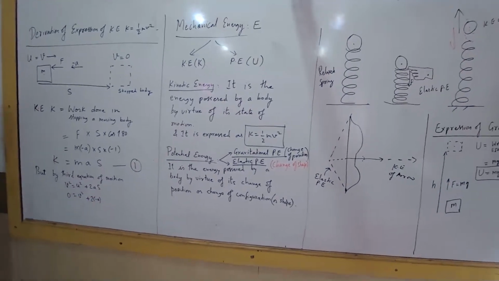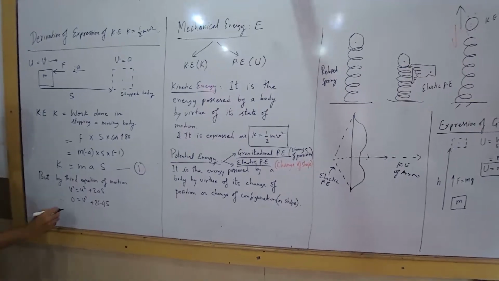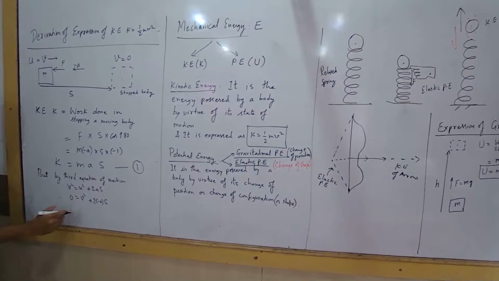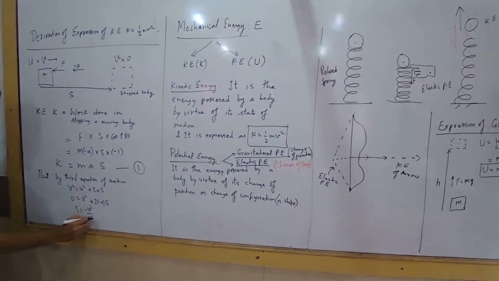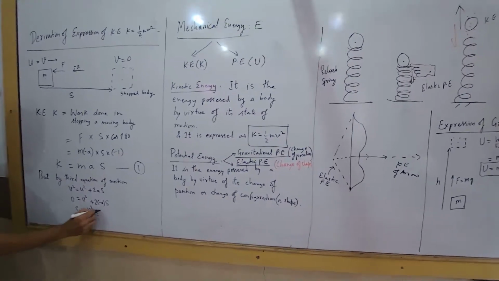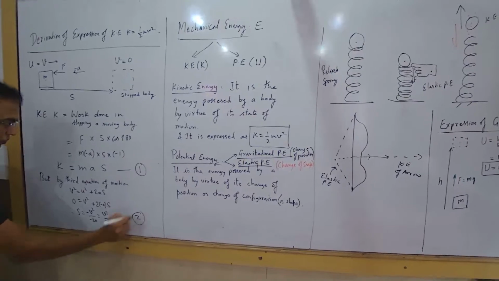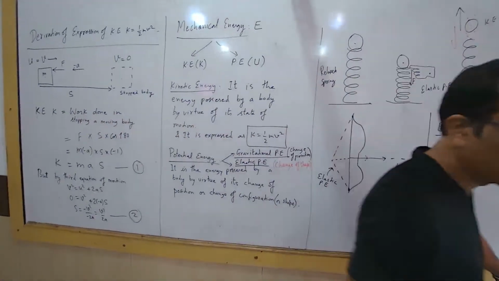Minus A. Then S. So what do we get? Simplify, rearrange. 0 is V square minus 2AS, so it will be minus V square divided by 2A equals S. S is equal to minus V square divided by minus 2A, which is V square by 2A. In the book, these steps are confusing, so you better note it down.